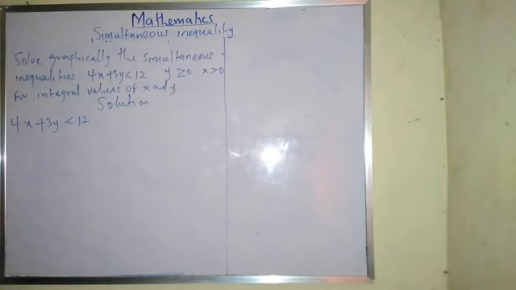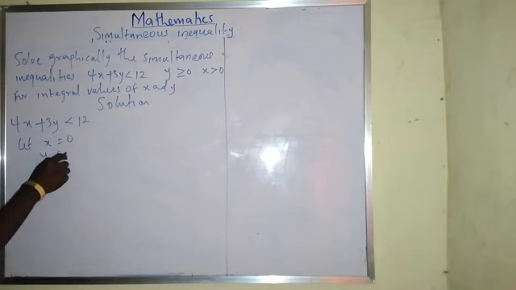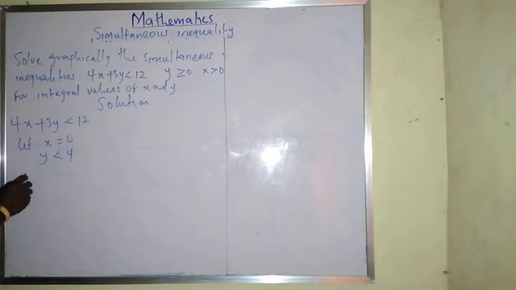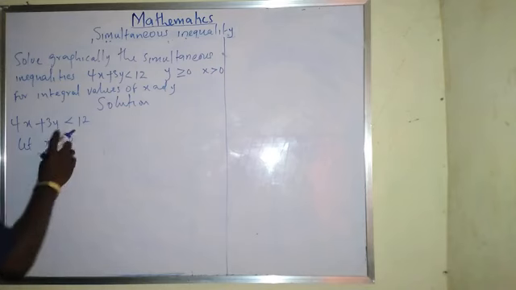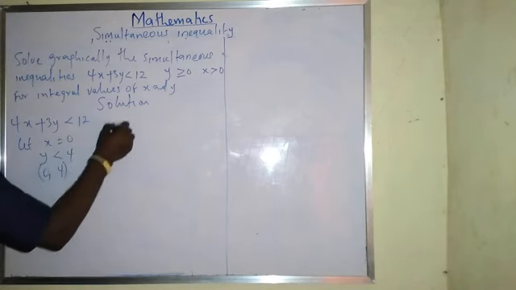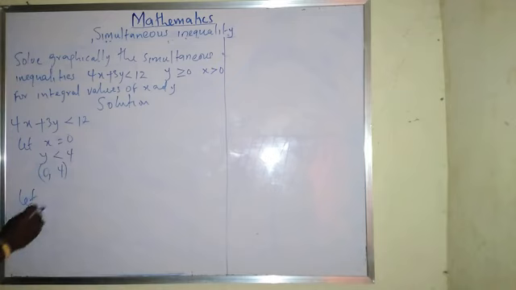Now, what I will just do is let x equals 0. Now, my y will be less than 4. It means that point x comma y will be equal to what? 0 comma 4. Very correct. I will move on to the next one, and let y equals 0.